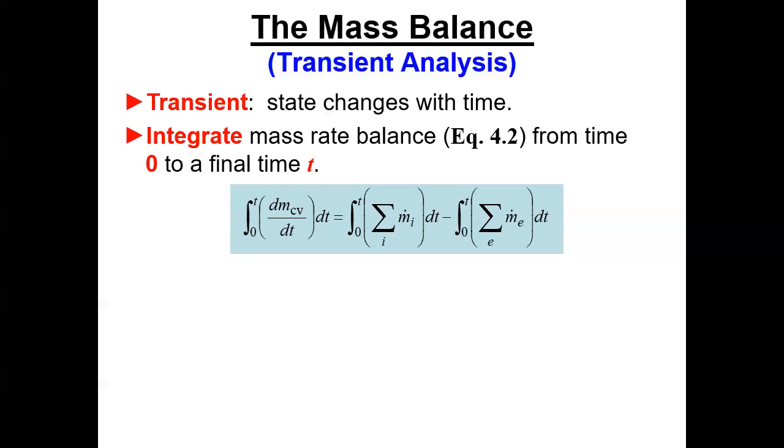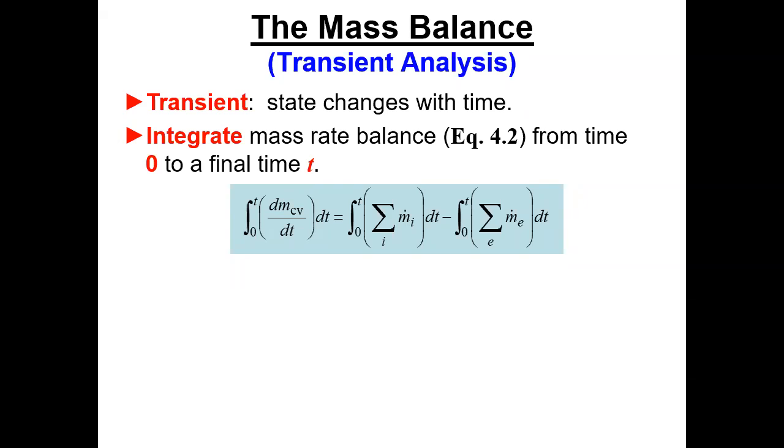So for the mass balance, basically what we do with these equations is multiply by dt and integrate from the initial time, which is indicated as 0, to the final time, which is t, whatever time we're interested in knowing the answer for. So it's the same equation. You just multiply through all the terms by dt and put the integral sign out front.